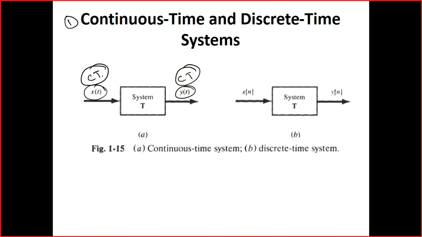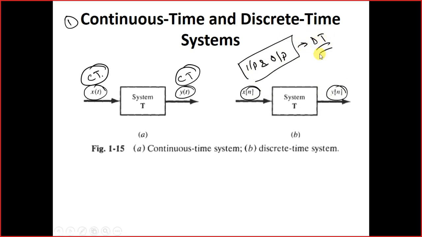So continuous time systems have inputs and outputs which are continuous time signals. Then the next type of system is discrete time systems. In the discrete time systems, the input and the output both are discrete time signals.